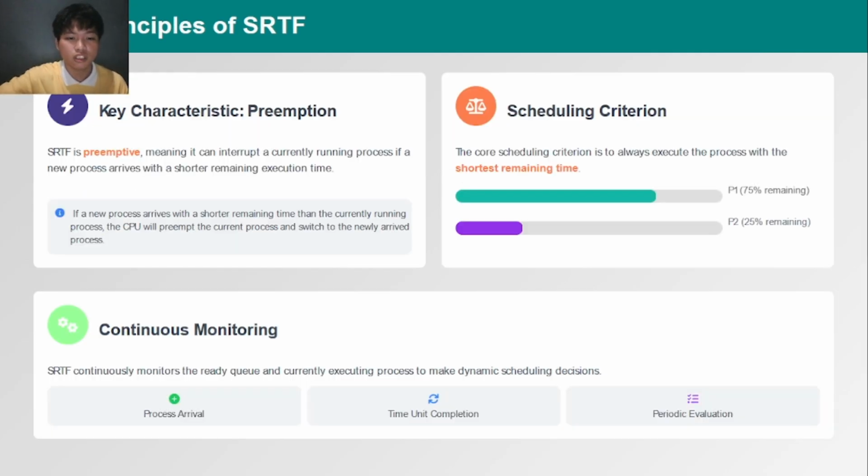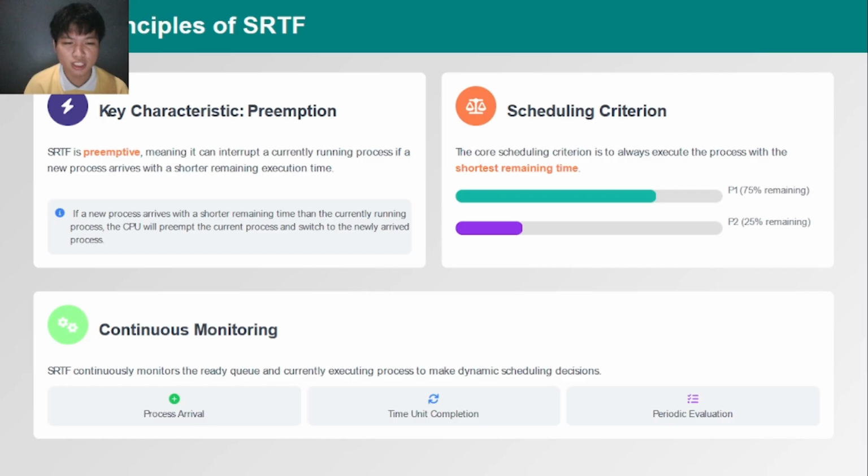Let's go to the core principle of SRTF. The defining characteristic here is preemption. SRTF is preemptive, meaning it can interrupt a currently running process if a new process arrives with a shorter remaining execution time.